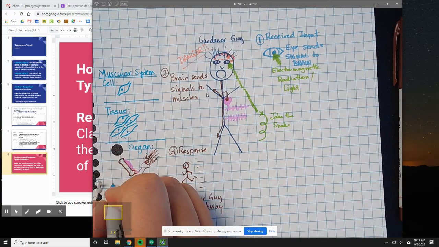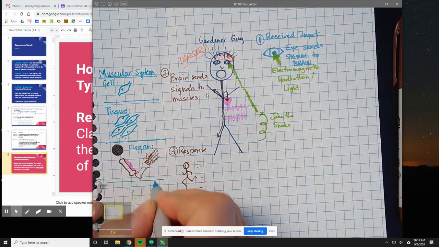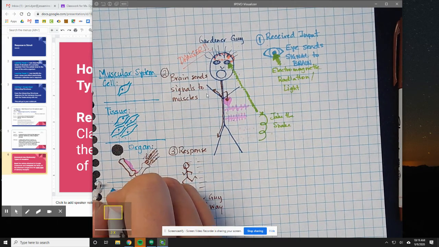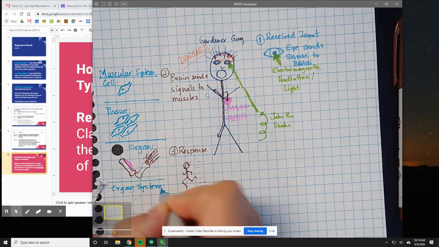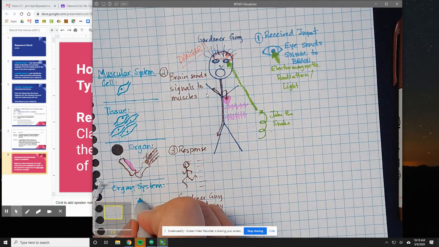Okay, then you've got an organ system. If we put all of these muscles together, we're going to have an organ system. We'll have the muscular system. And so I'm going to draw our little guy here. This little person is at the gym. Spends quite a bit of time here.